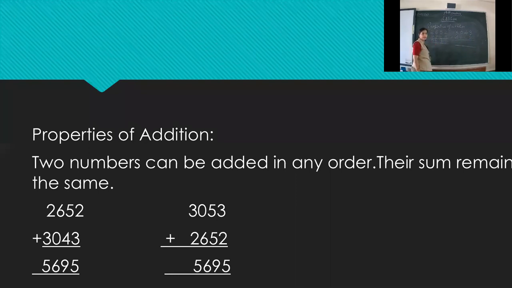Now when I'm adding them, again let's see the answer. 3 plus 2 is 5. 4 plus 5 is 9. 0 plus 6 or 6 plus 0 is 6. 3 plus 2 is 5. So can you see? Both the answers are same. That means this property is true and it is known as order property. You can add the two numbers in any order to get the answer.